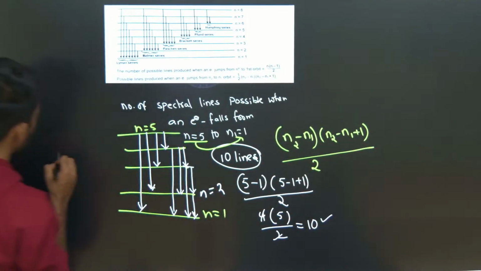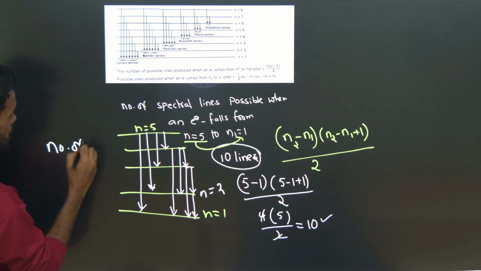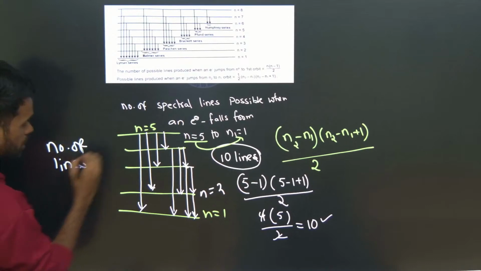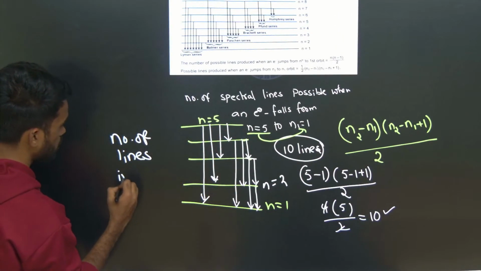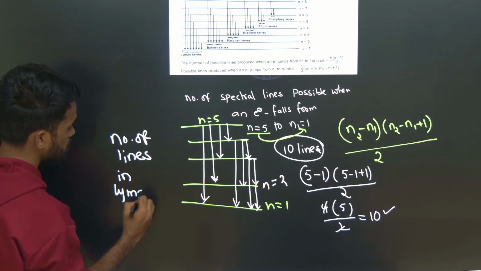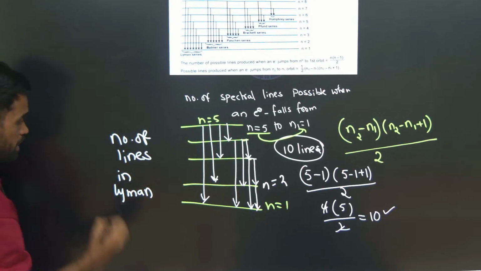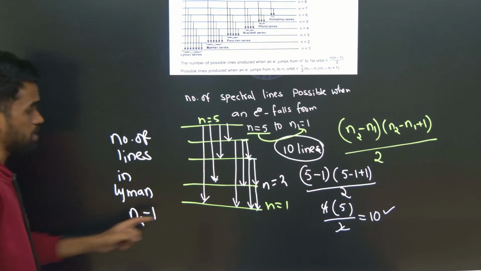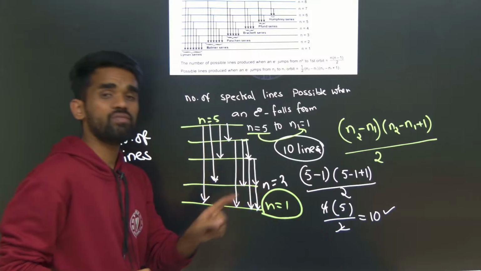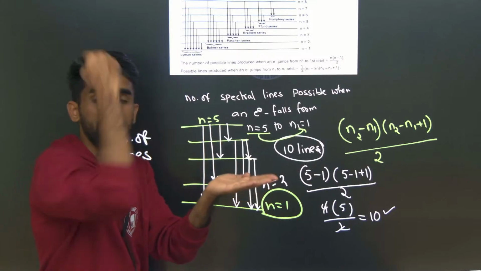Okay, so here I will tell you one trick to calculate this. Number of lines in the Lyman series, if they ask, you can use the formula n2 minus 1, because in the Lyman series any level falls to the first level.